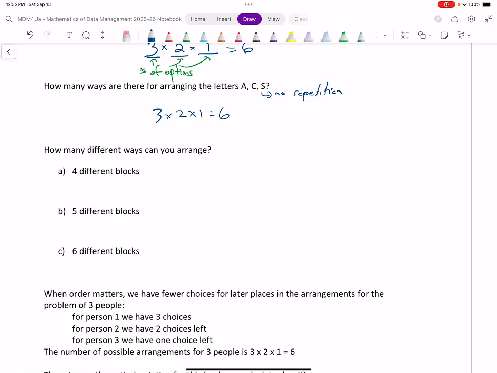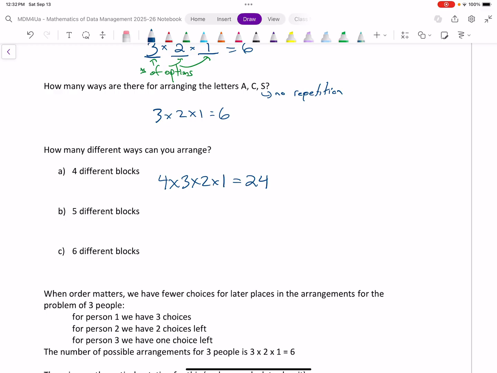And if we had larger numbers, for example, if we're arranging different blocks, again, because they're all different, that fits this case. If we were arranging them in a line, you'd have 4 times 3 times 2 times 1, or 24 different arrangements. And you could think of this in a tree diagram.